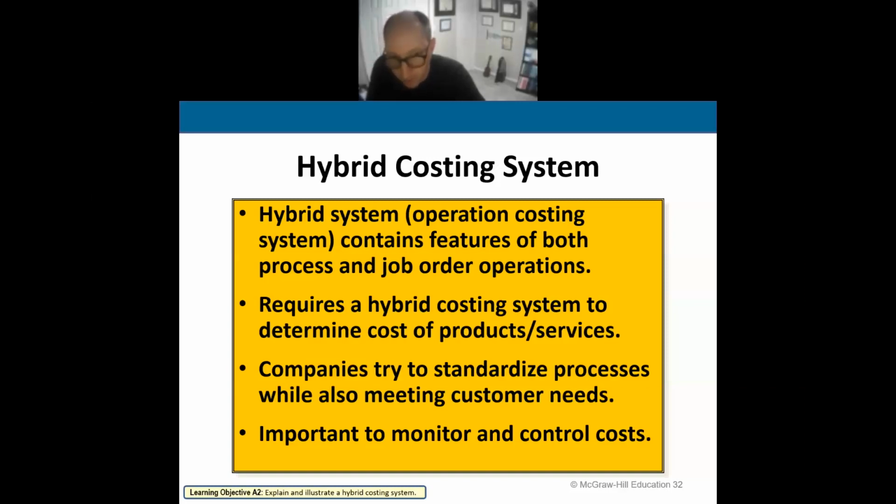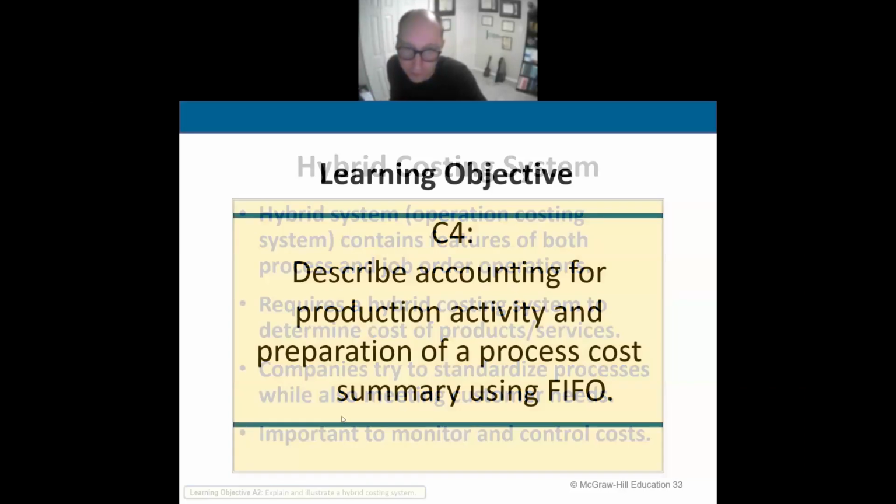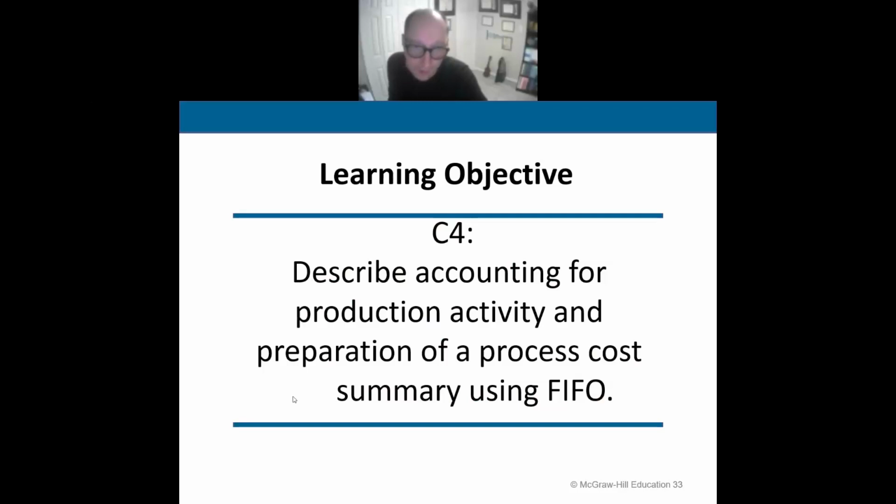General Motors, they make a lot of different cars, but they do it primarily using process costing. Why? Because they make a lot of the same car, same features, same everything, and they just roll it off the line. But they might also receive a customer order requesting a specialized type of vehicle. And so they probably use a hybrid form of costing. Just as an example. Not a whole lot of companies do it, but I'm sure there's quite a few out there that do.